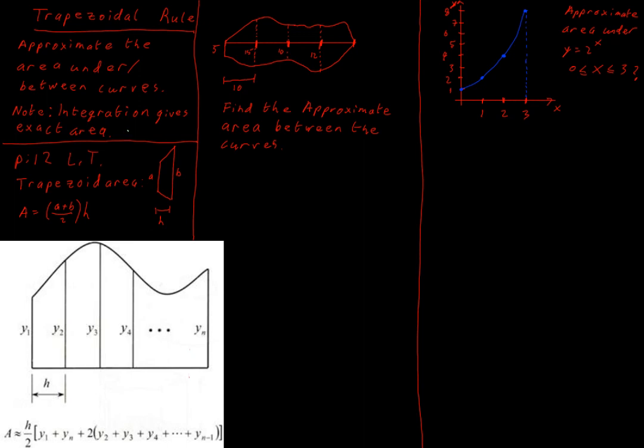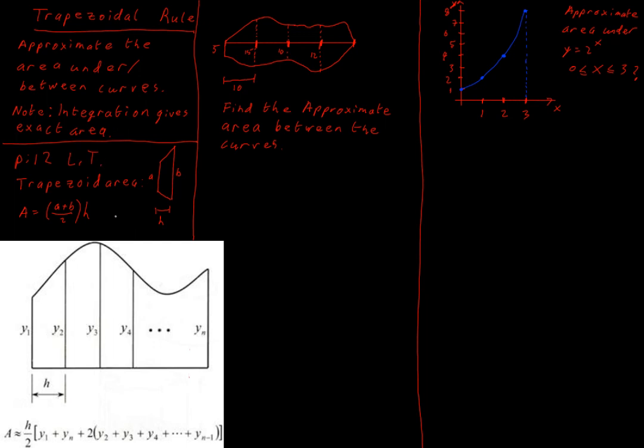So right now we're learning the trapezoidal rule, which gives us the approximate area underneath a curve or between curves, and integration in the long run will give us the exact area underneath the curve. An exam question could very easily contrast and compare those two approaches and the error perhaps between the two approaches.